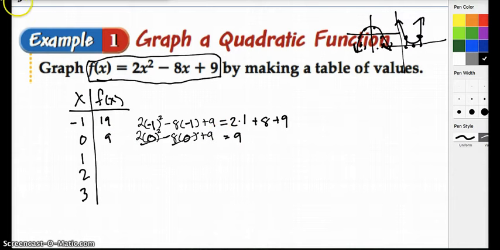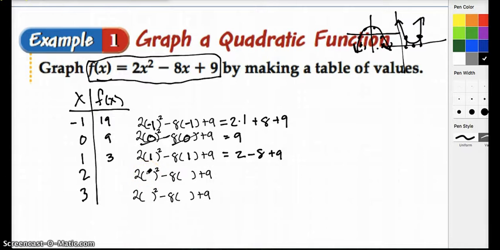And I'm going to keep doing this for each of the values of x. So I put a 1 here and a 1 here, and my calculation tells me that I get 2 minus 8 plus 9, which turns out to be 3. Again, I can continue by just dropping those x values right into the equation.